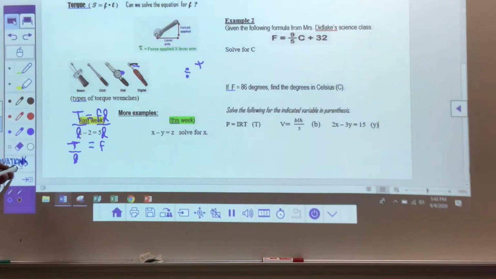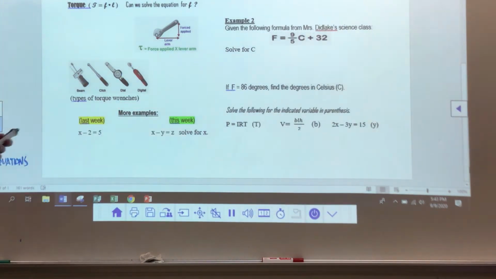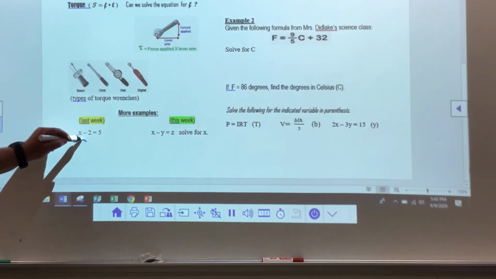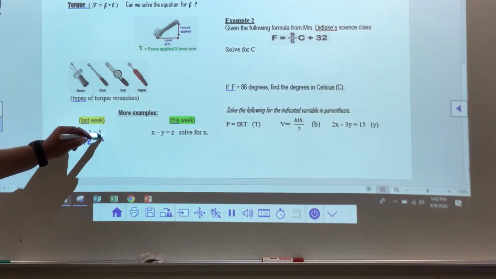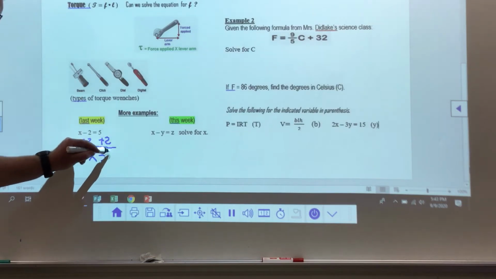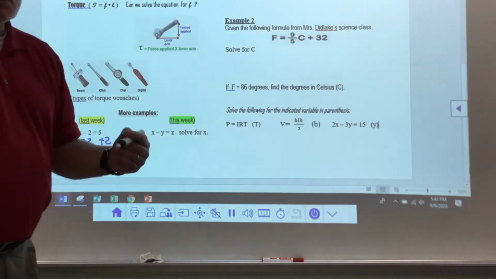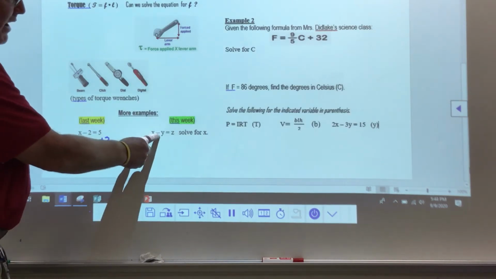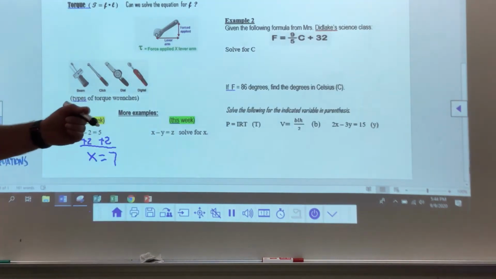Last week you saw stuff that looked like this: x minus 2 is equal to 5. And last week all you had to do is add 2 to both sides, and you wound up with x is equal to 7. Well, for this lesson, you might see something like x minus y is equal to z. Crazy stuff.